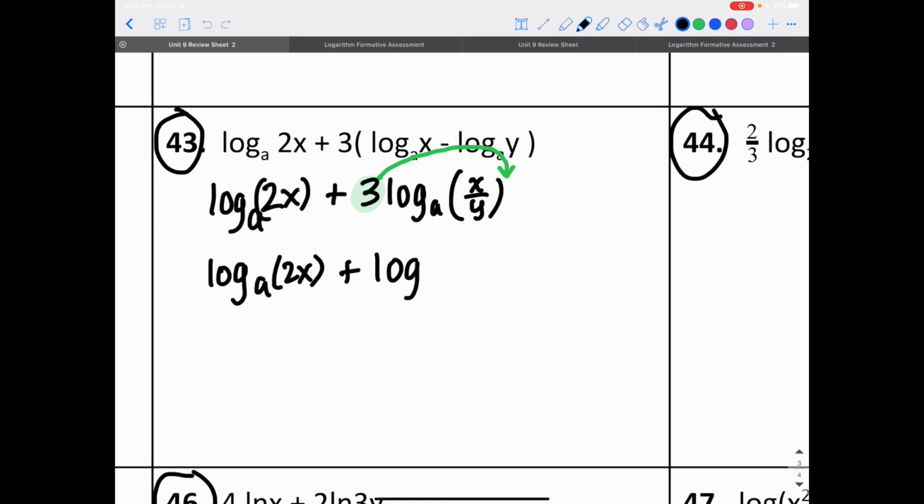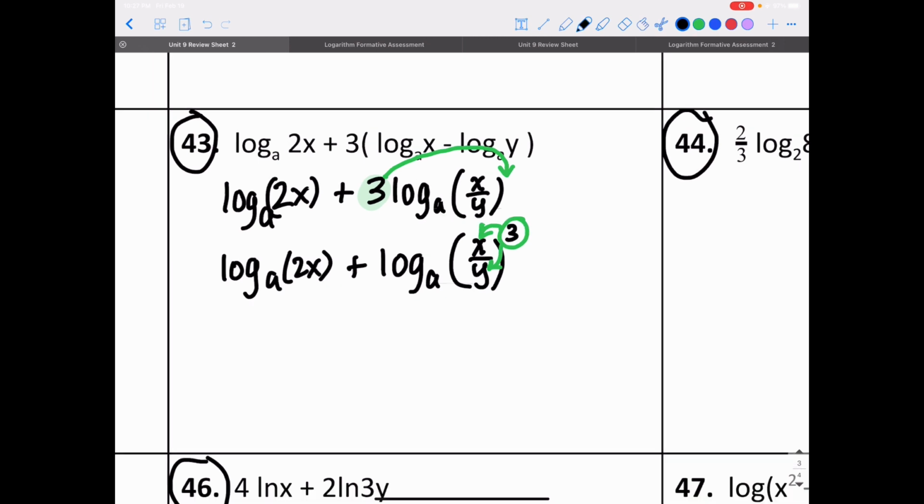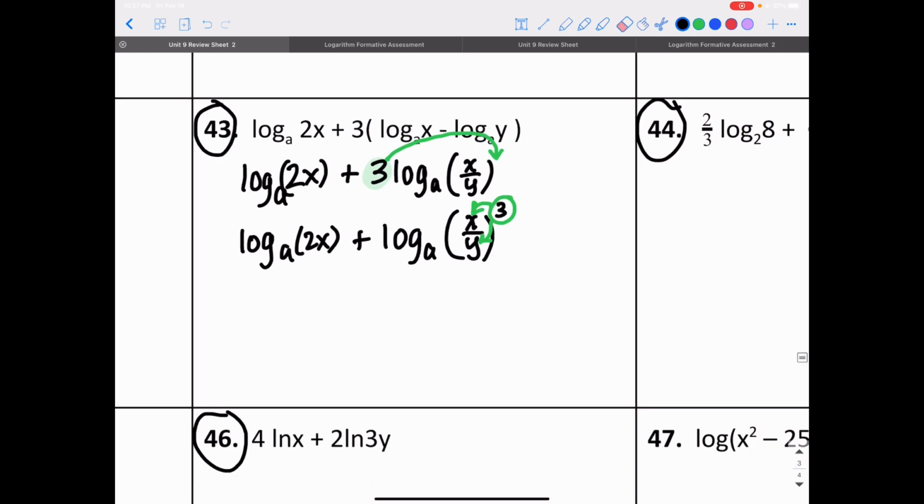So I should have x over y cubed. I should be distributing this 3 to both the x and to the y. Don't forget to do that. So I'll have log base a of 2x plus log base a of x cubed divided by y cubed.